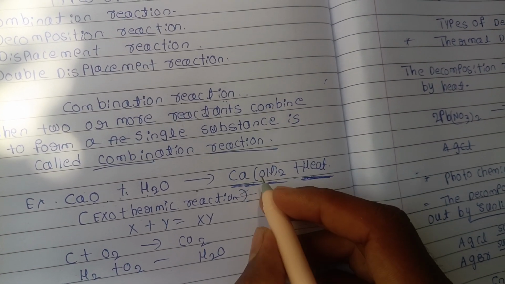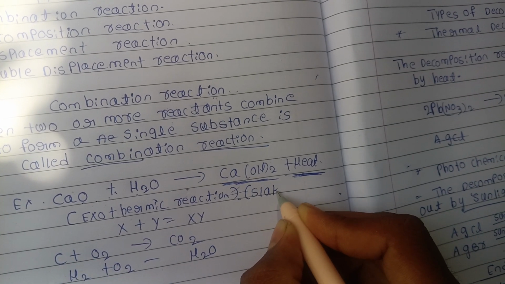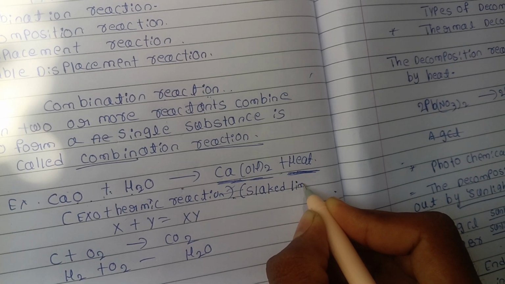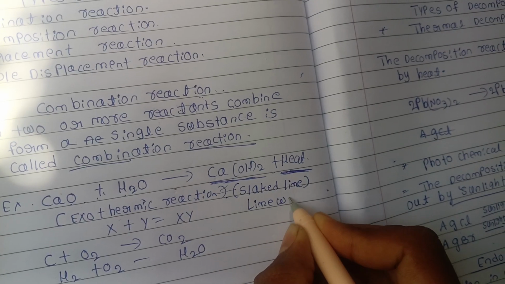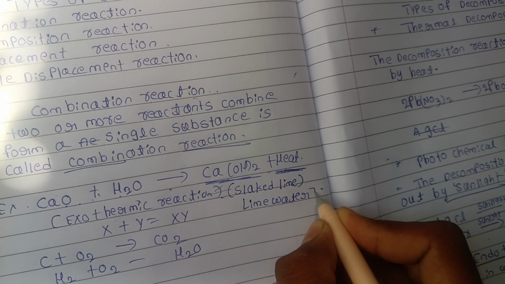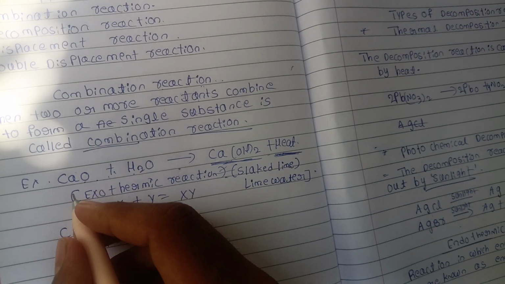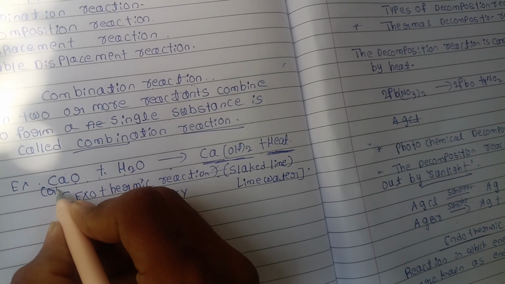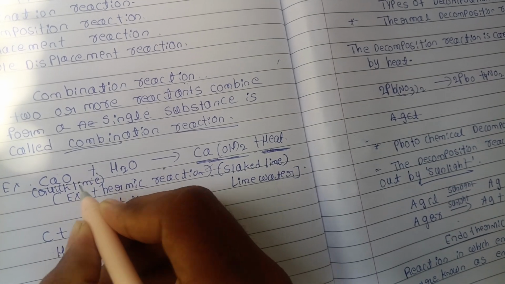Slaked lime, or you can also call it lime water. So it is very important to know the other names of calcium oxide. Calcium oxide is also called quicklime.